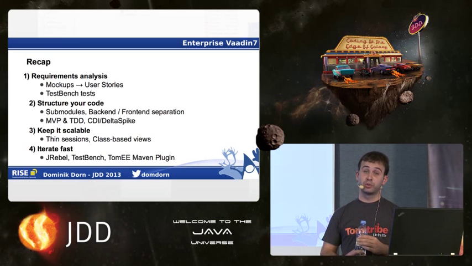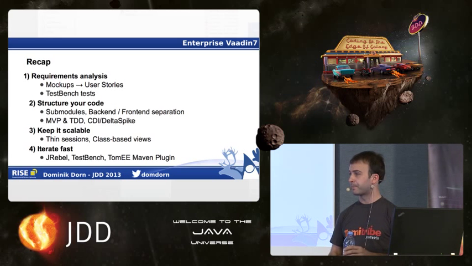We use the model view presenter pattern. We use TDD together with TestNG and Mockito. We use CI and DeltaSpike, and this has worked quite well. If you want to try it out, it's a good start. The most important thing to remember today is that you should keep the application scalable by keeping the sessions thin.